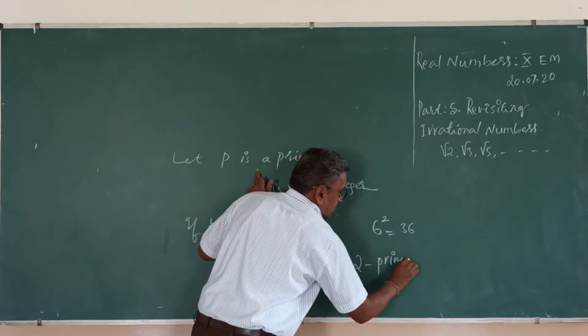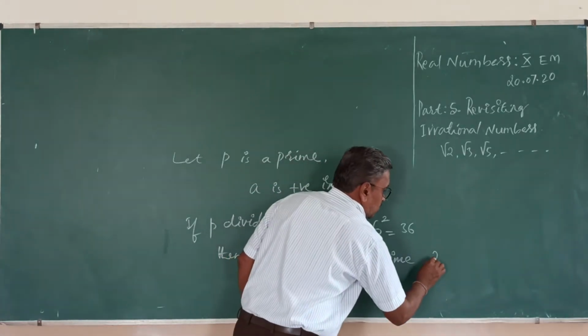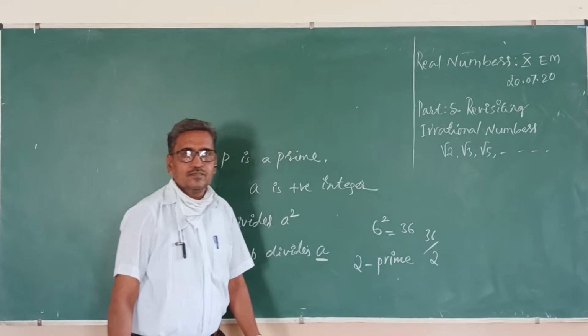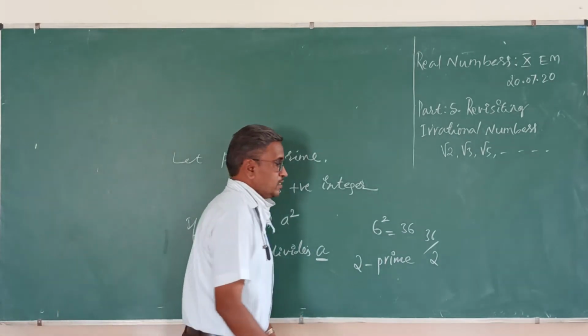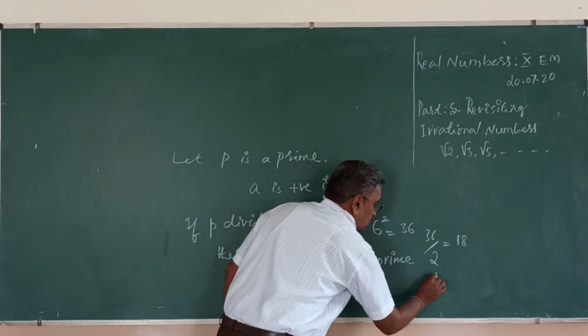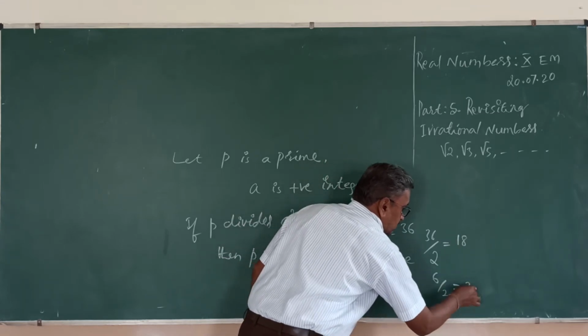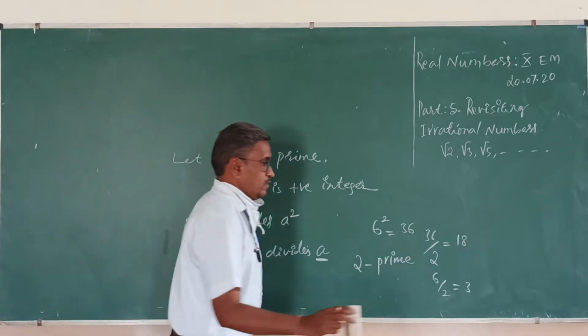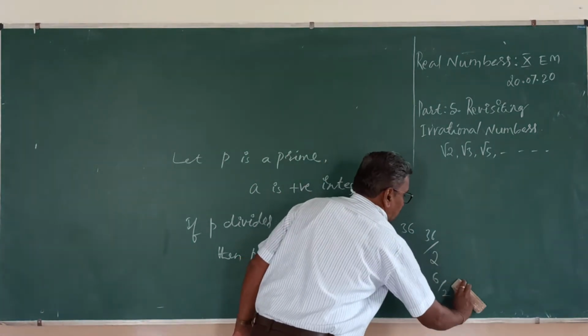Does 2 divide 36? Yes, 2 divides 36, which gives 18. And 2 also divides 6, which gives 3. Here the answer is not important.